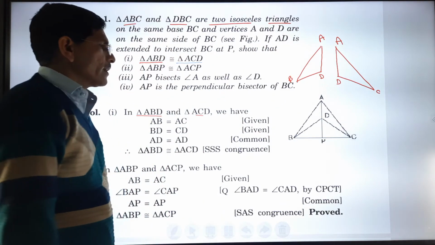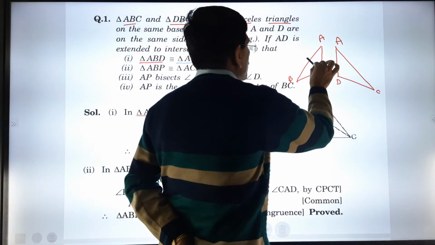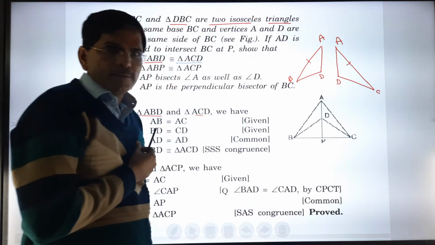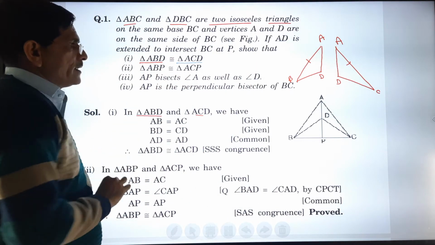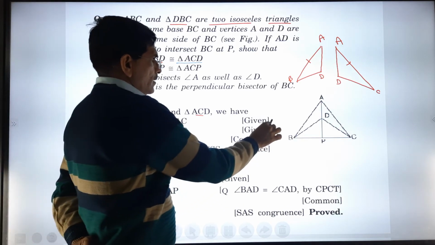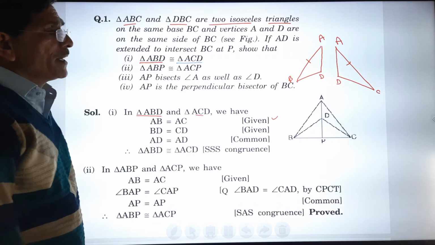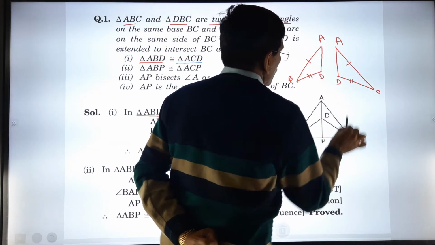Isosceles triangle means two sides are equal, that is AB is equal to AC. That is given first. Second, BD is equal to CD. Why?